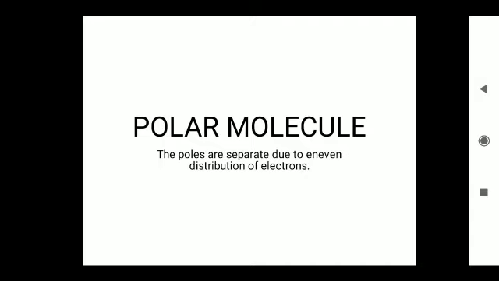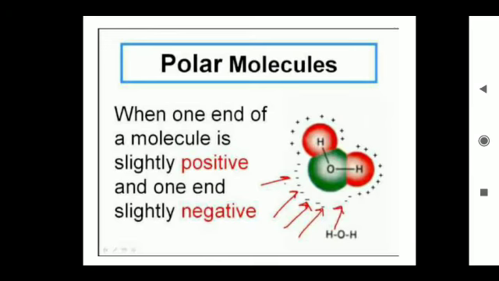What is a polar molecule? In polar molecules, due to uneven distribution of electrons in a molecule, two poles are separated. These two poles have two types of charges, positive charge and negative charge.